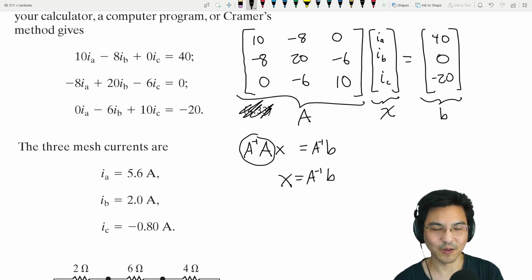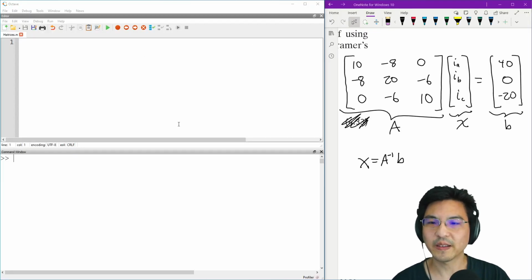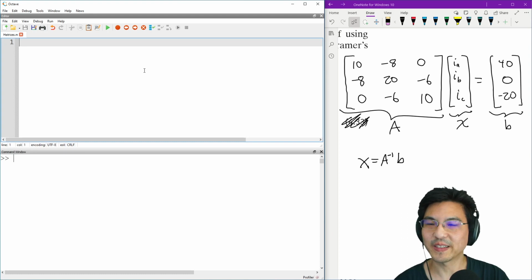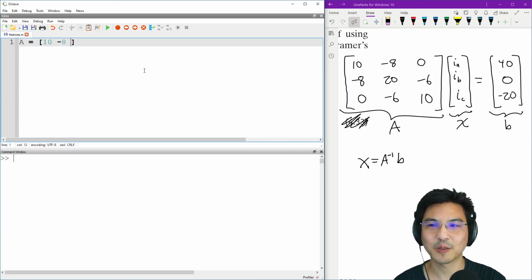Let me open up the software and move my windows around. Okay, I opened up Octave. Now let's get this matrix equation in the software. So let's start with writing out matrix A. A equals, then in square brackets, first row, 10 space minus 8 space 0.